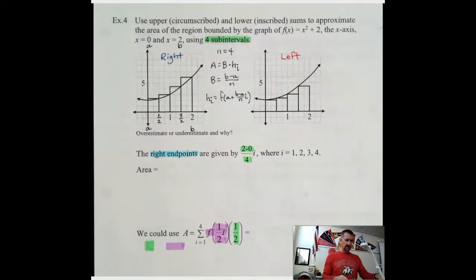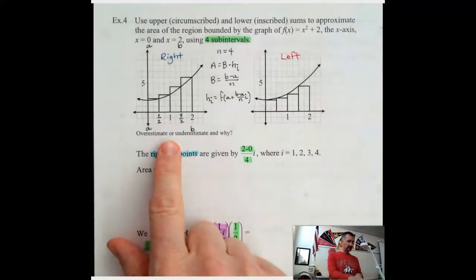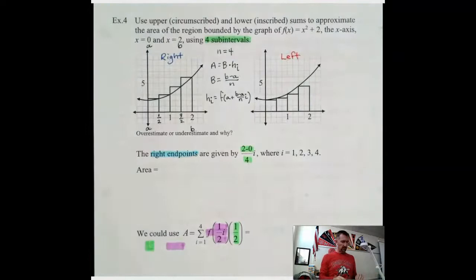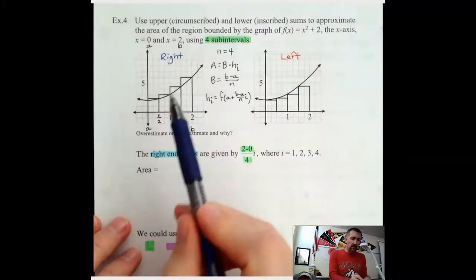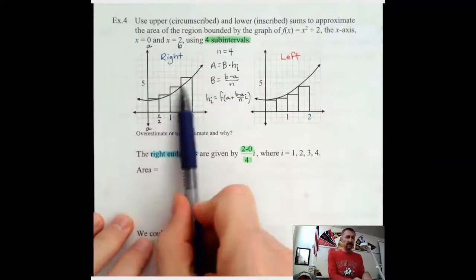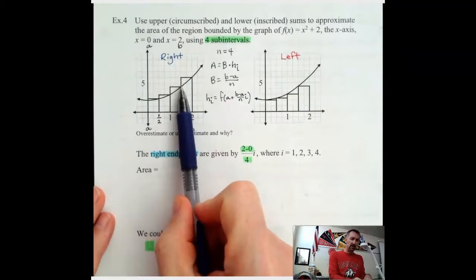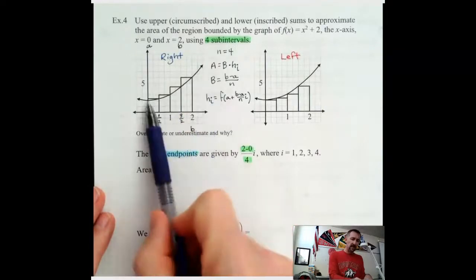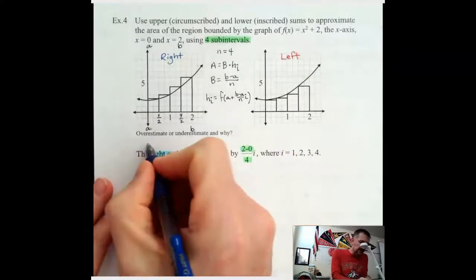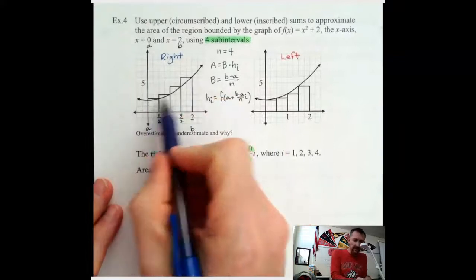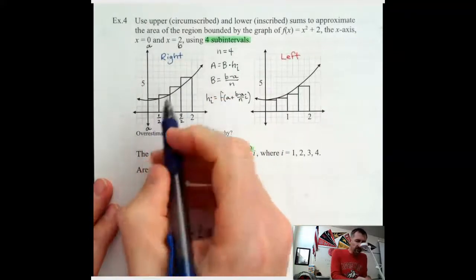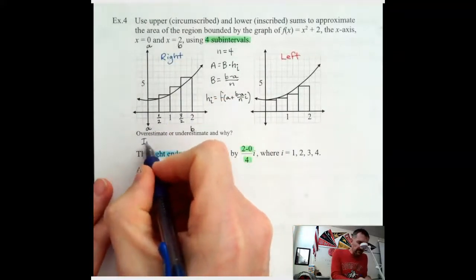It says, is this one going to be an overestimate or an underestimate? Let's think about that for a second. It probably doesn't take very long to look here. We can see that these rectangles all go above the graph. For the part that we're looking at, this is an increasing function.